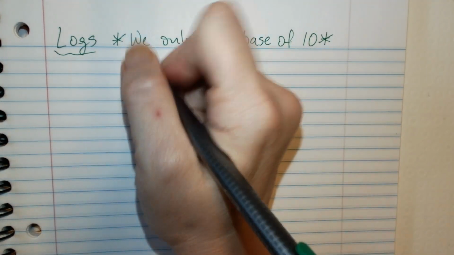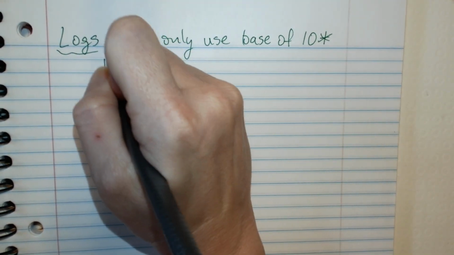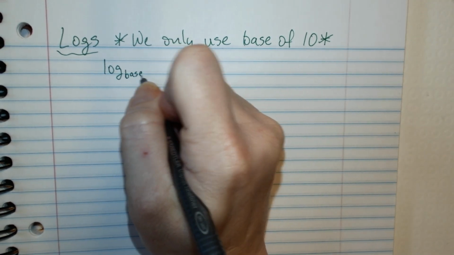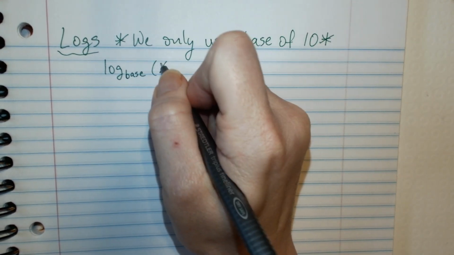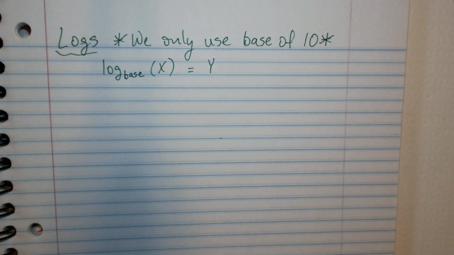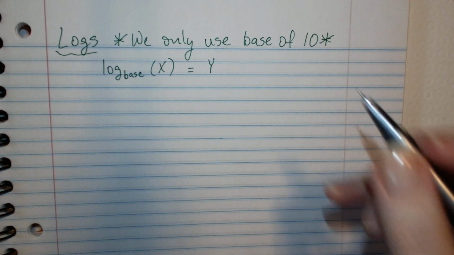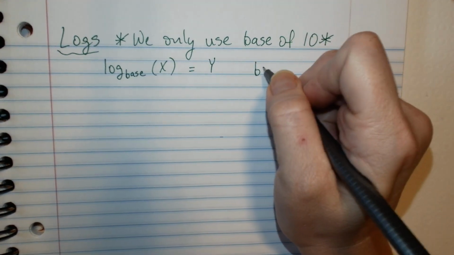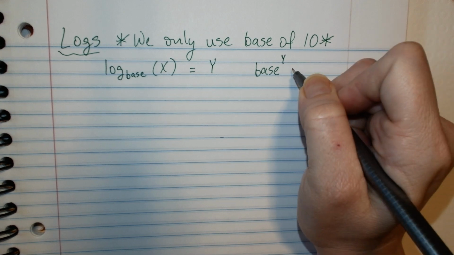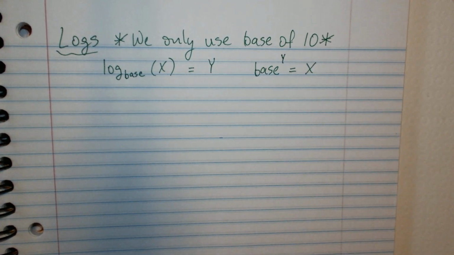So the way logs work, we have a log with a base of some number x is equal to some number y. And the converse of that would be that whatever the base is to the power of y equals x.